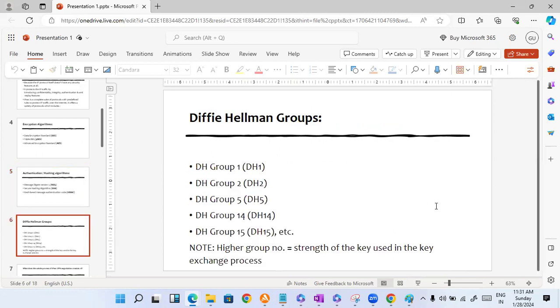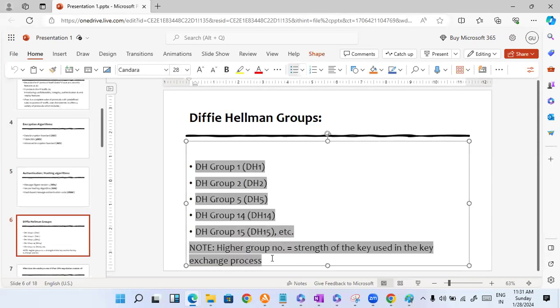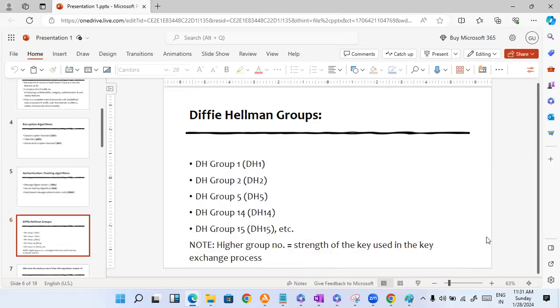We have another thing for consideration, that is the Diffie-Hellman group. You might have heard of DH group 1, DH group 2. So when we are planning this IPsec VPN, we have encryption keys to be authenticated, like a key exchange algorithm.